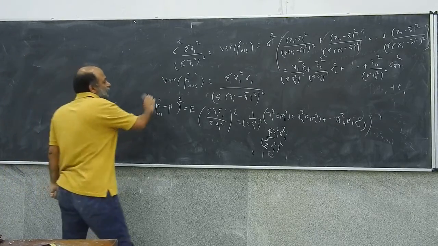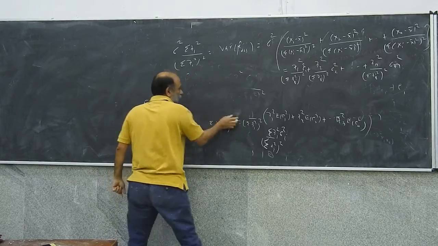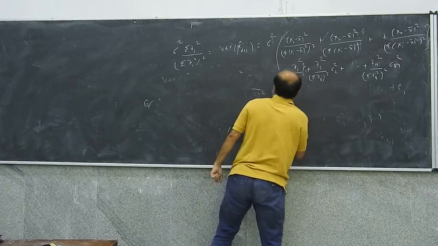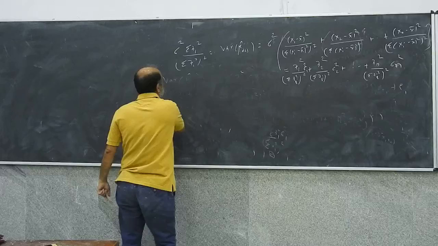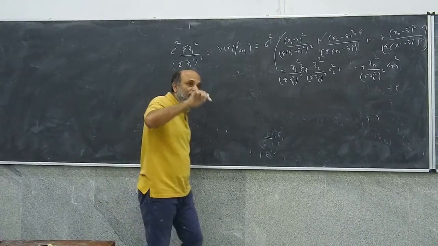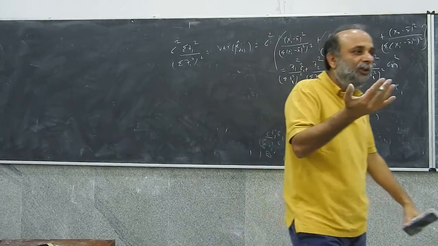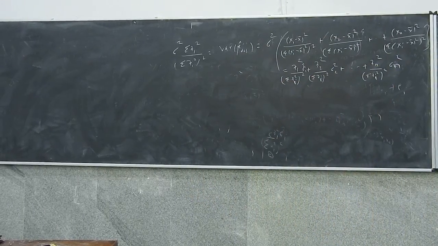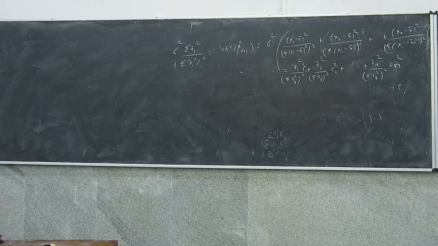So one of the suggestions is, instead of using sigma 1 square, use e hat 1 square, which is an unbiased estimator of sigma 1 square. It might not be a consistent estimator, it's an unbiased estimator.